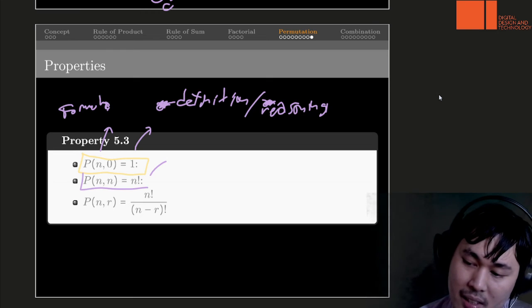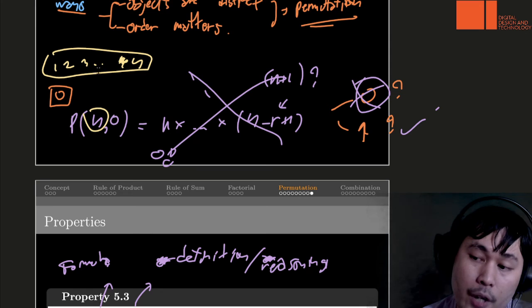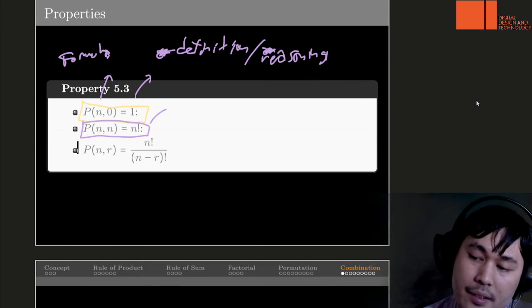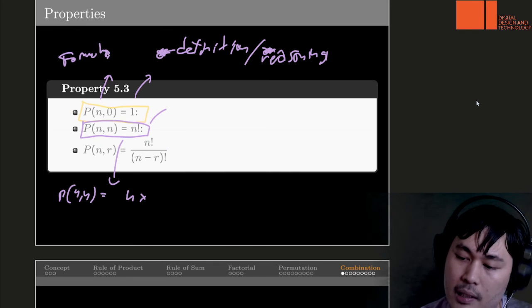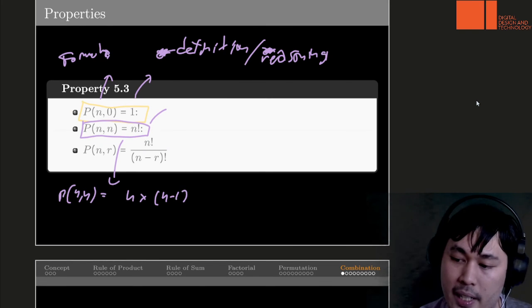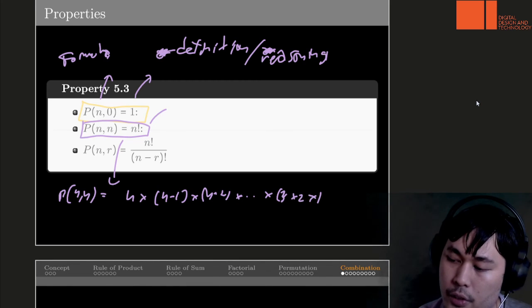And the second one is the factorial formula. If you have n people and you have to arrange them all, then that's the same as: you start from n and multiply that by n minus 1, n minus 2, and so on all the way down to 3, 2, 1.